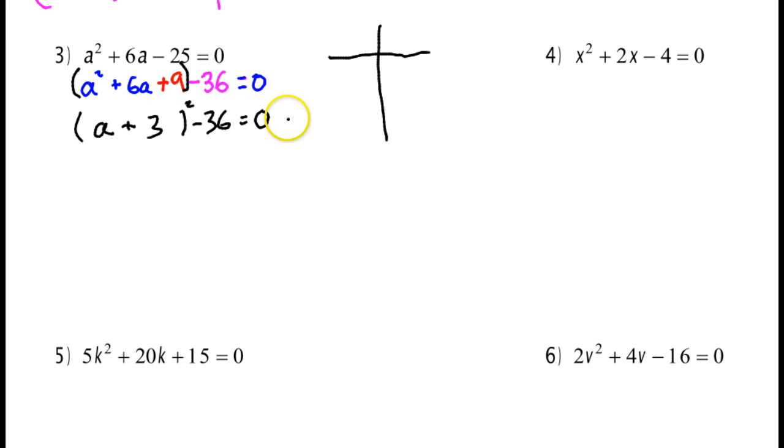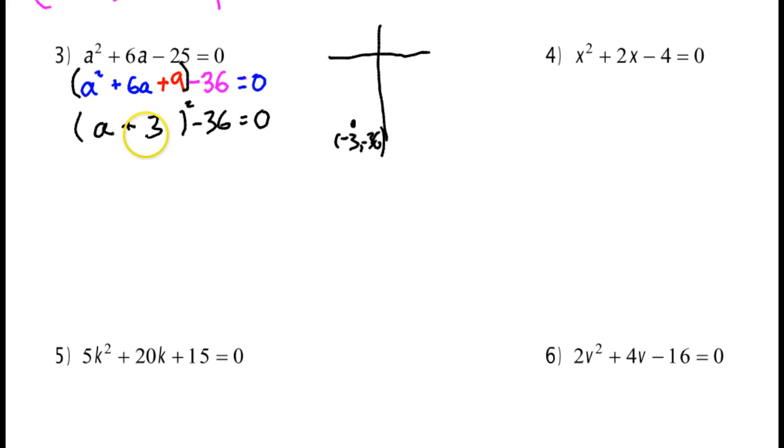So the vertex is, yeah, right here. -3, -36. And you can see how important a negative is. If I said, oh, it's at 3, -36, it's on the opposite side of the graph. It's very different. One little line on paper doesn't look that different, but on a graph it's completely opposite.